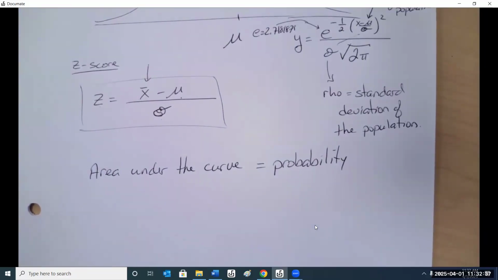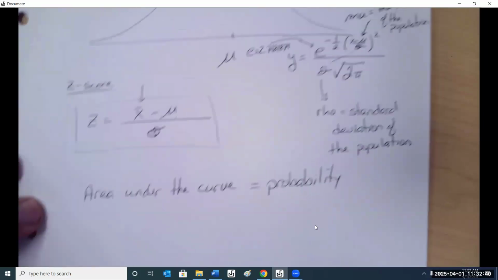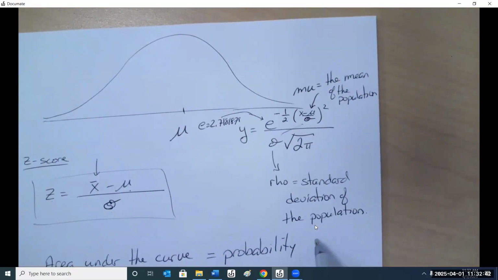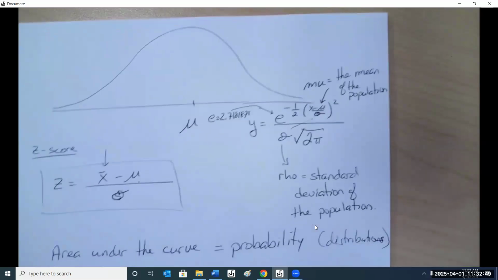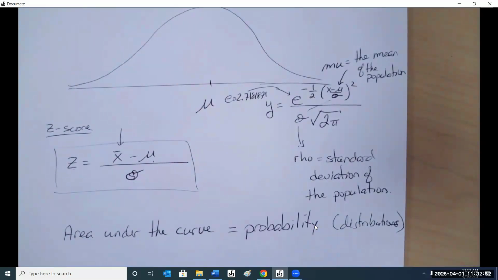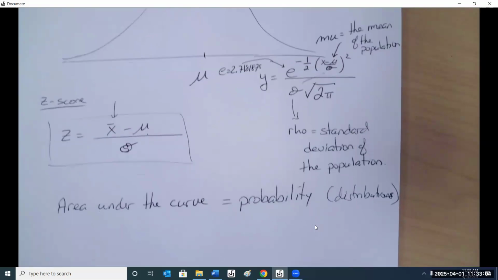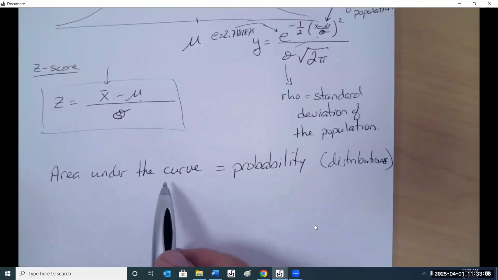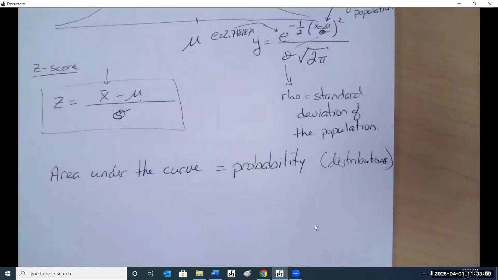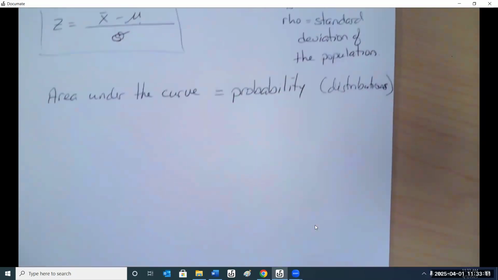Actually, it means a little bit more than that, because what's really cool about this, remember, whenever we talk about probability, we're talking about probability distributions. Distributions represent our data, entire population of data, and how it relates to what we have. So this is the first very important concept: the area under the curve equals the probability of what we're looking for. That's muy importante.